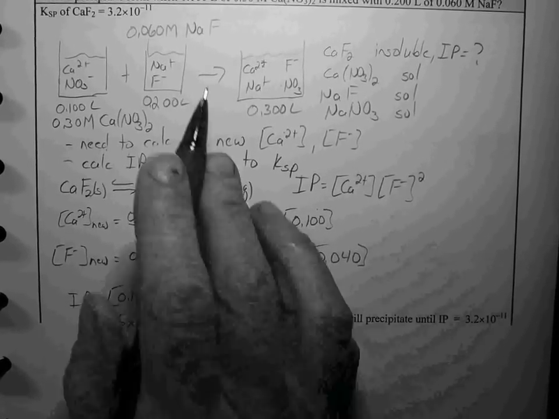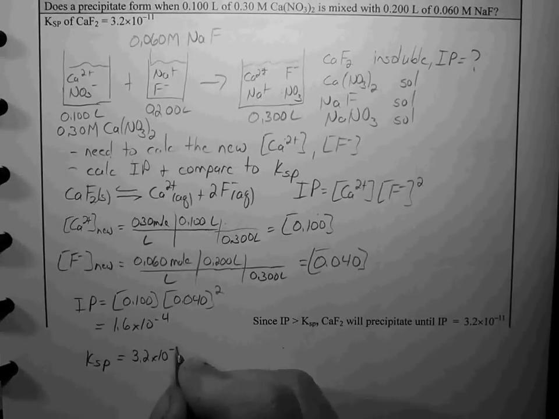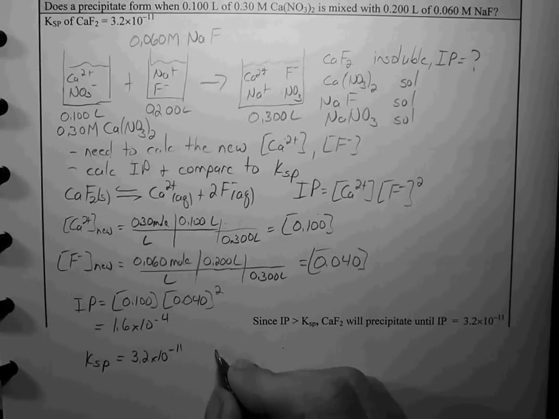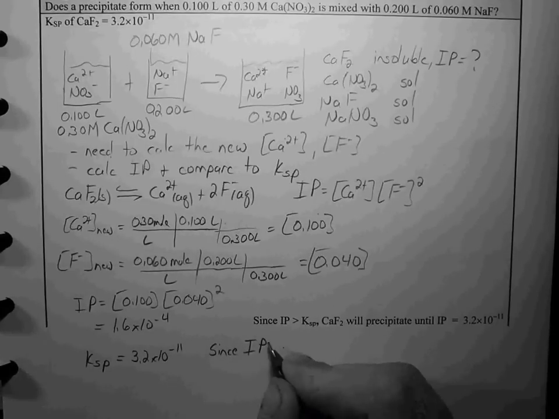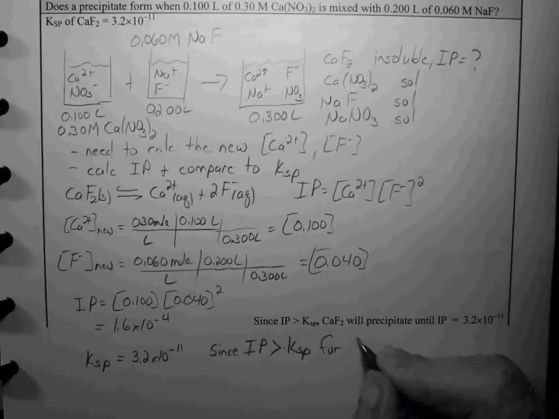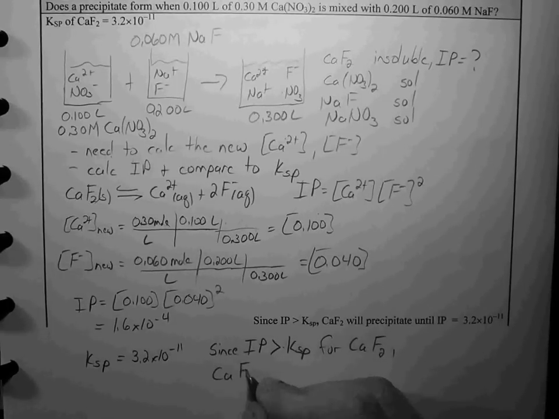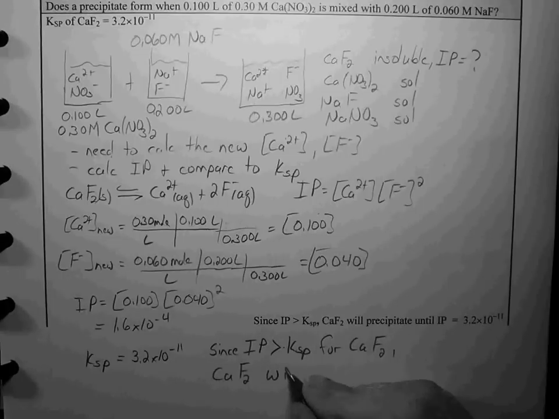KSP, we were given, is very small, 3.2 times 10 to the minus 11. So, since the IP is greater than KSP, calcium fluoride will precipitate.